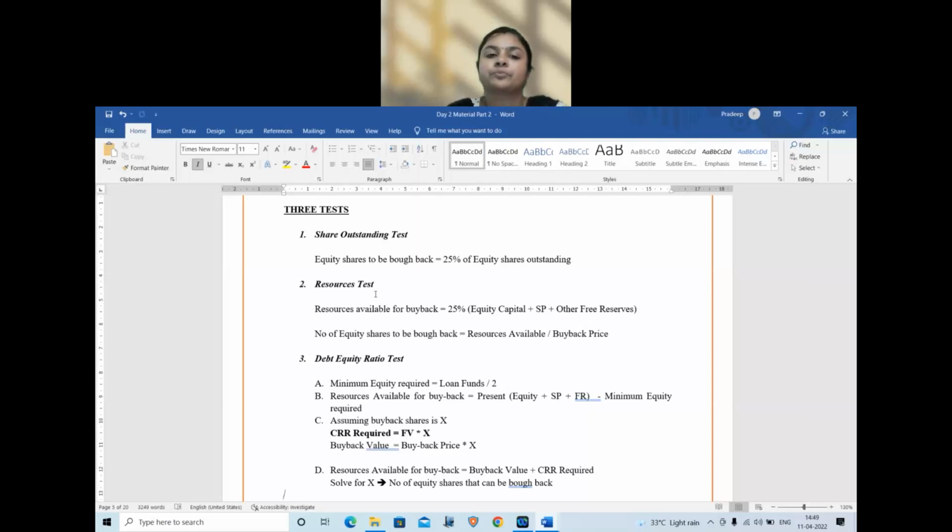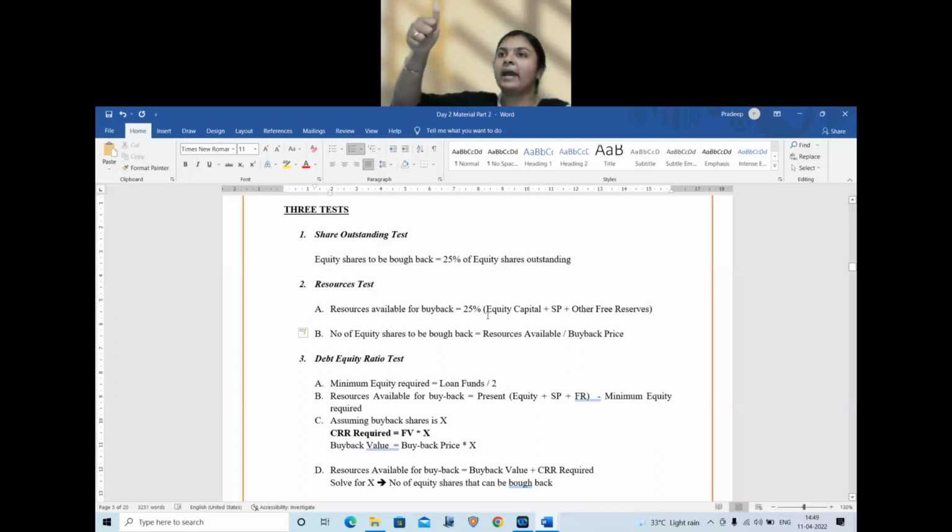Condition number 2 has a formula. Resources available for buyback is equal to 25% of equity capital plus securities premium plus free reserves. Preference will not be added, please remember. Equity capital plus securities premium plus free reserves.